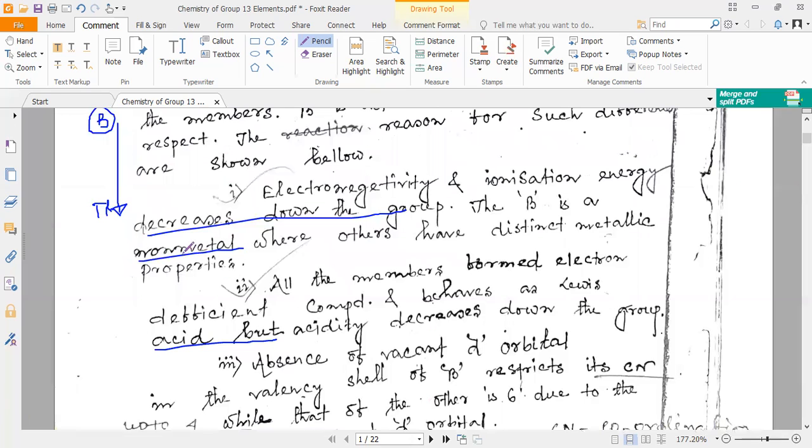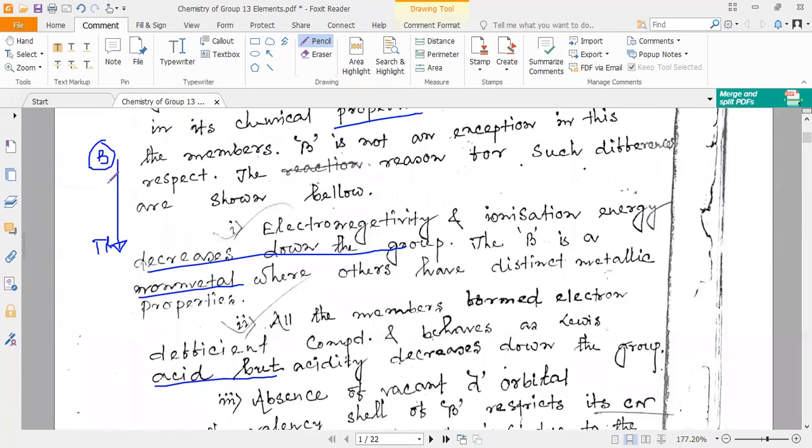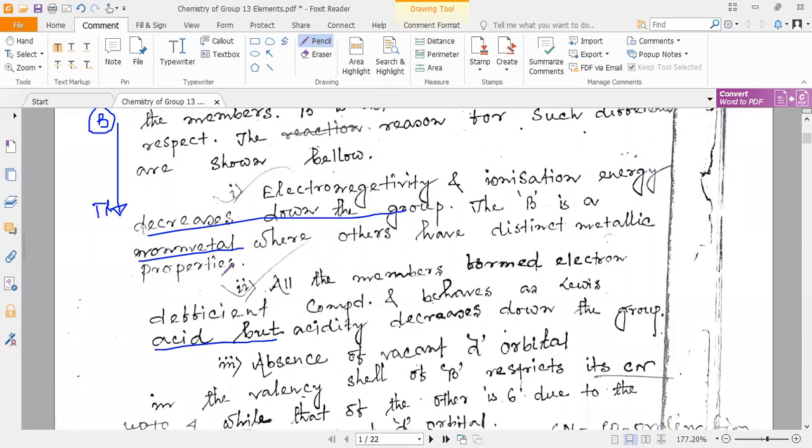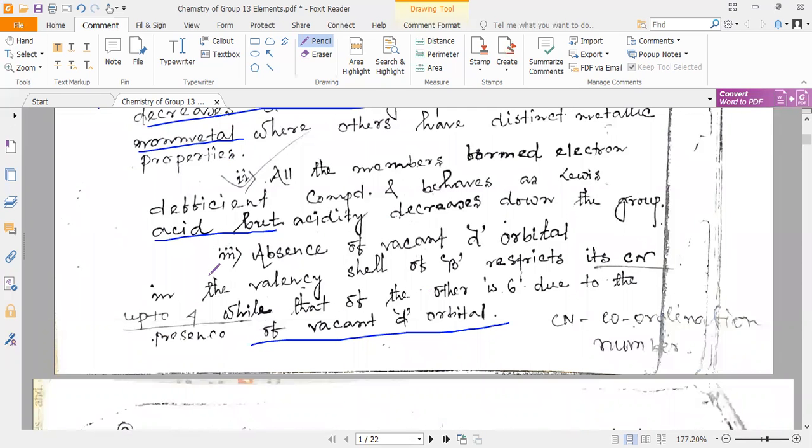Let me explain once again: boron has no vacant d orbitals, so its coordination number is 4. On the other hand, for aluminium, gallium, indium, and thallium, the coordination number is up to 6 because of the presence of vacant d orbitals.